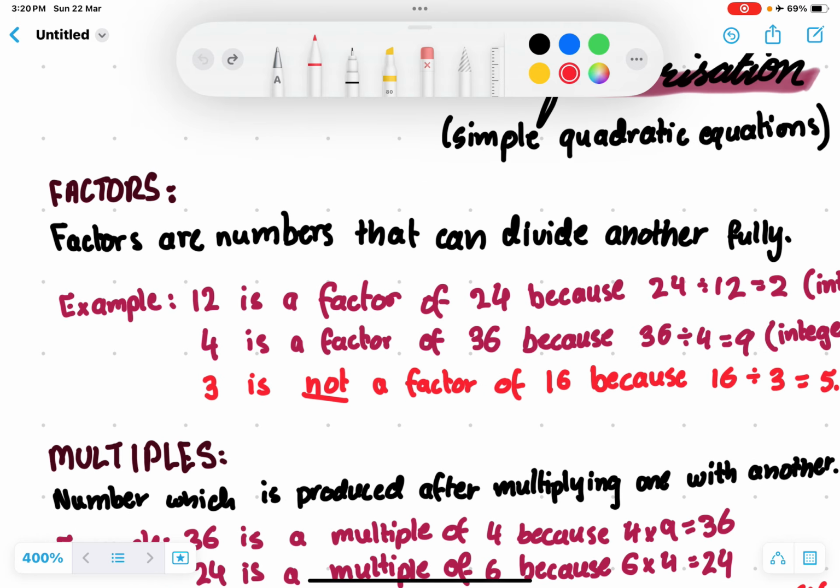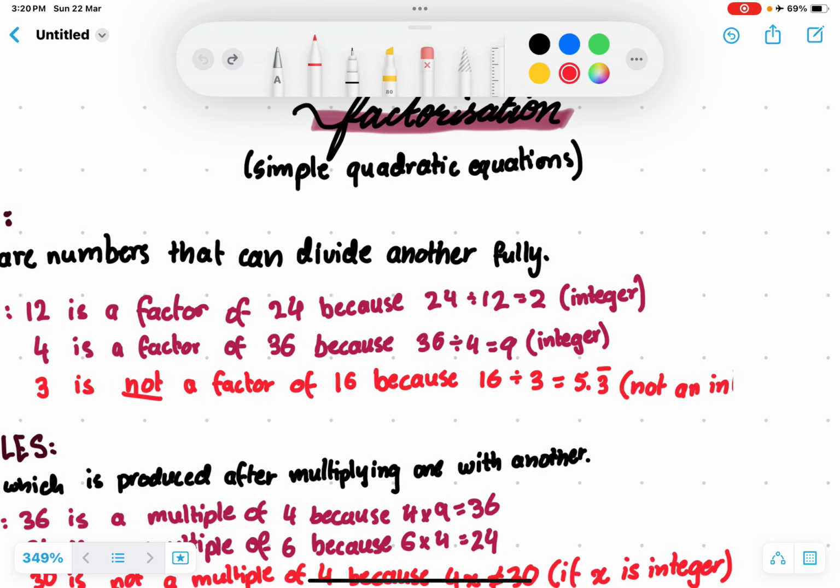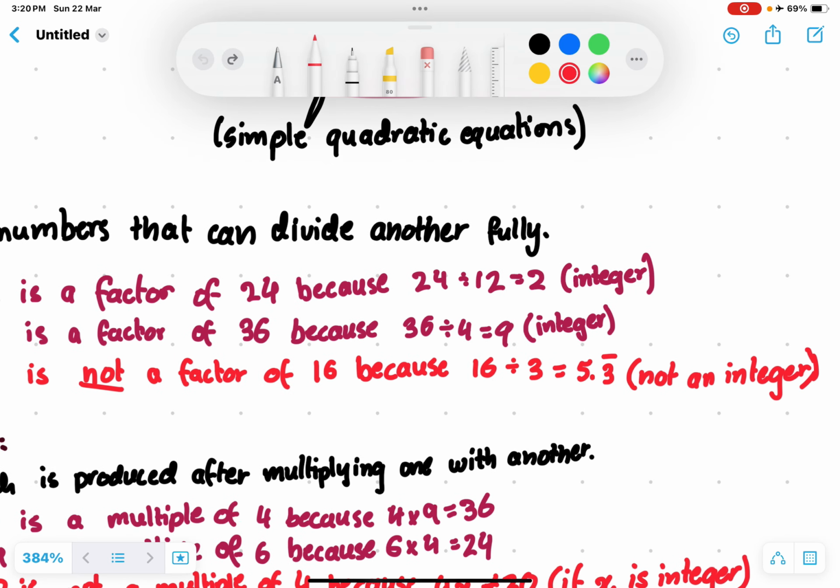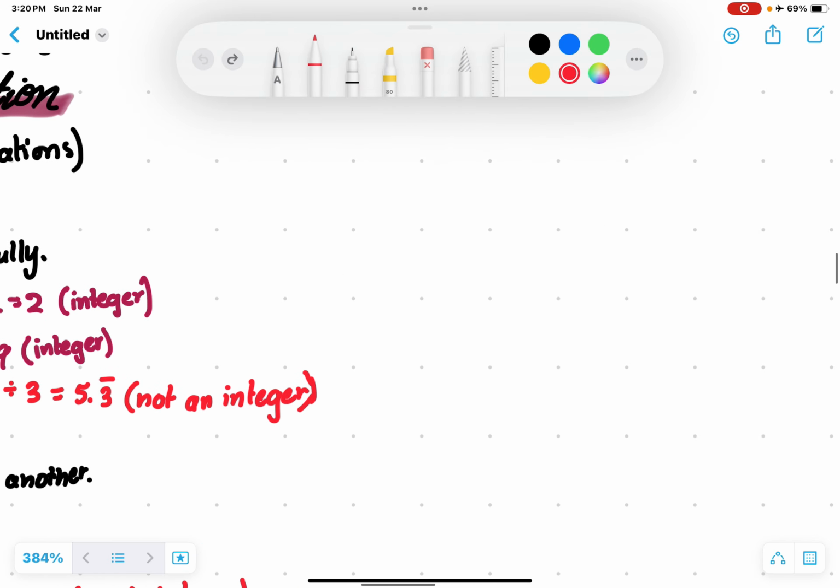So let's take an example. 12 is a factor of 24 because 24 divided by 12 is 2, which is an integer. So what I'm trying to say over here is that if we had a number like 24, and we divide it by 12, that is going to give us a 2. And hey, that is an integer.